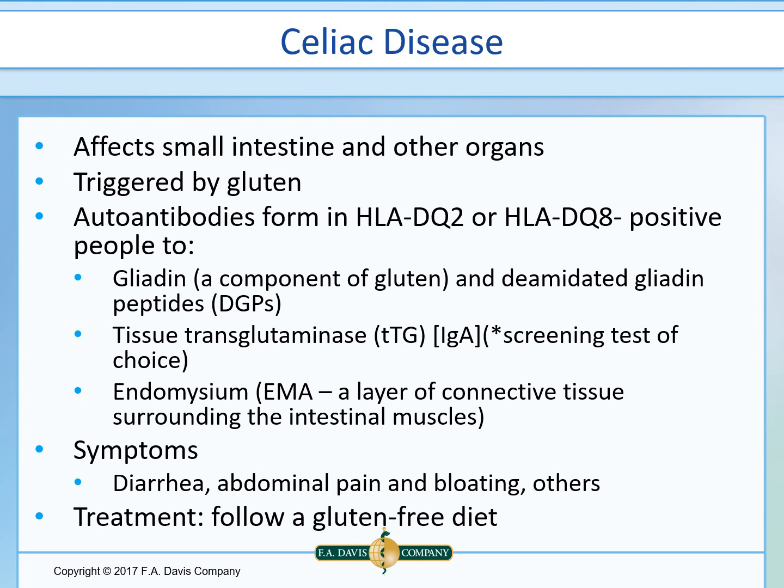TTG, tissue transglutaminase, is an intestinal enzyme that converts the glutamine residues in gliadin to glutamic acid. Endomysium is a layer of connective tissue surrounding the intestinal muscles that autoantibodies can also form against.